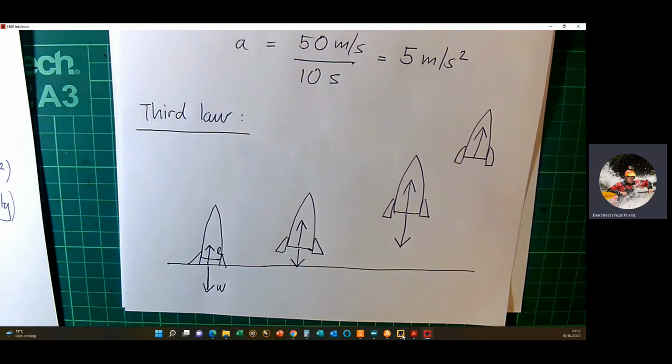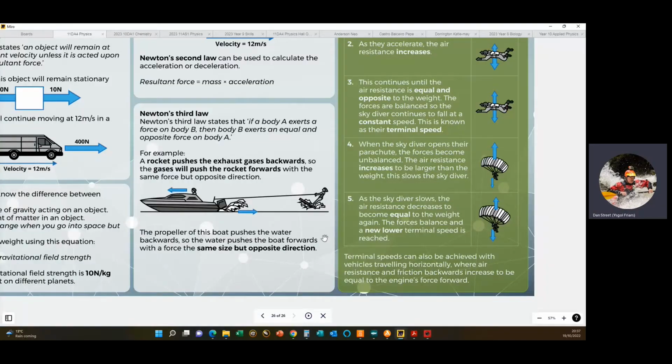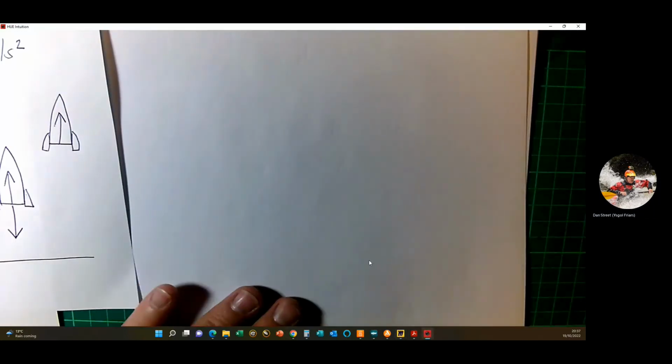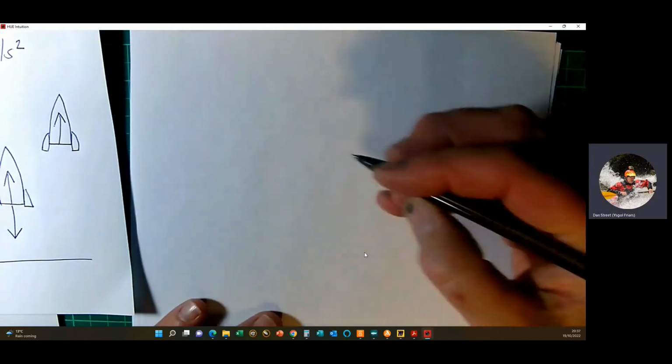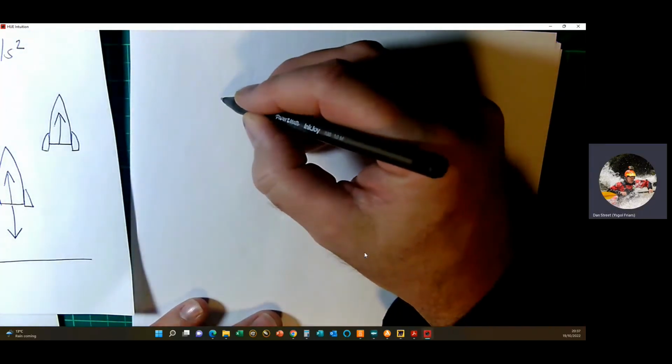In addition to the rocket, we've also got the example of the speedboat. You might recall we had a look at a question on the speedboat a few weeks ago. In the case of the speedboat, we've got the boat itself.